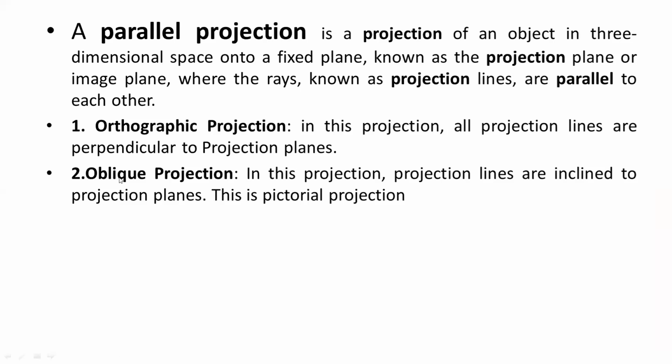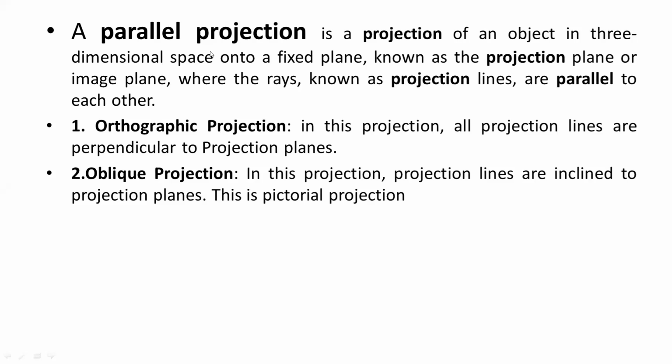What is the meaning of parallel projection? We have already discussed in the first lecture what parallel projection means. Parallel projection is a projection of an object in three-dimensional space onto a fixed plane known as the projection plane. The fixed plane we call a screen, or a projection plane, where the rays, which are called projection lines, are parallel to each other.